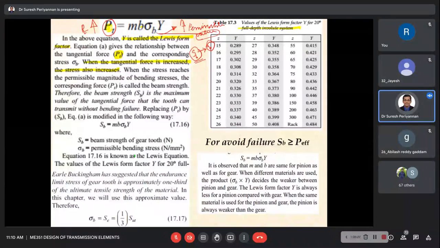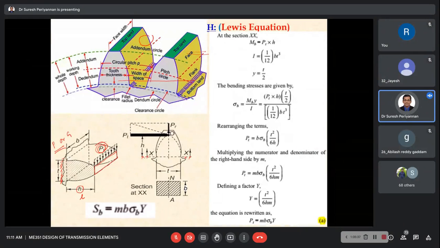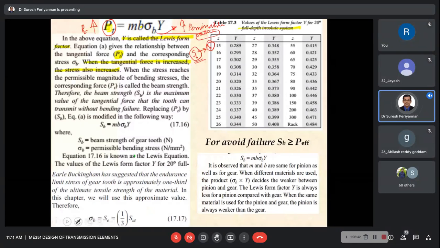But I am giving the reason. While discussing this concept, did we discuss whether our applied PT is the maximum limit or a lesser value? We never discussed that. That's what I'm explaining here. Now I'm increasing PT. Once the gear is designed, M, B and Y are constant. Only the variable parameter is bending stress.